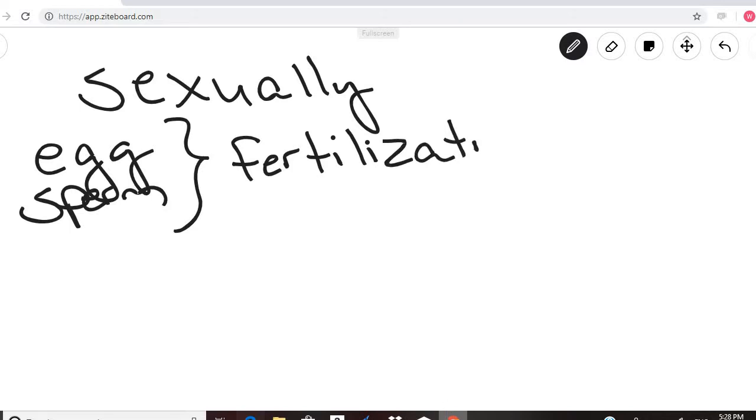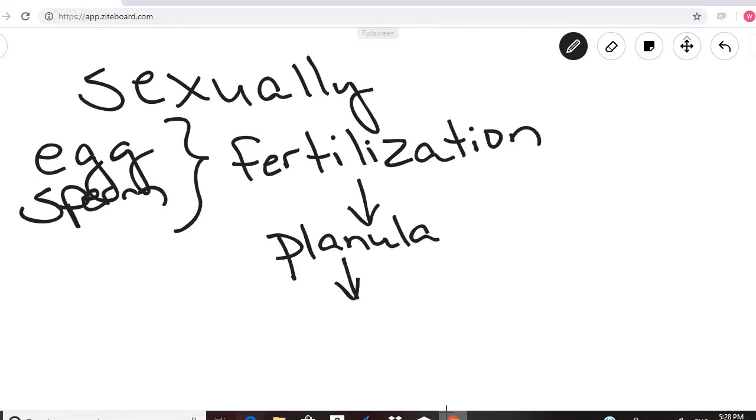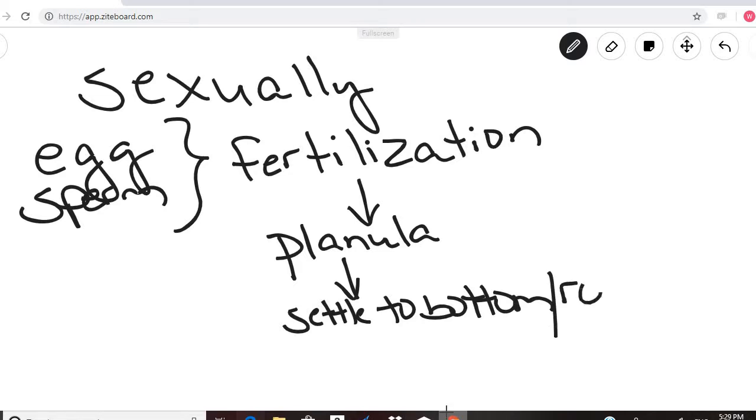And then you may remember from the jellyfish, a similar thing happens here where you get the planula formed, and then that planula will settle to the bottom. They'll settle onto the bottom, especially onto rock. And when it does that, then it's called a polyp.